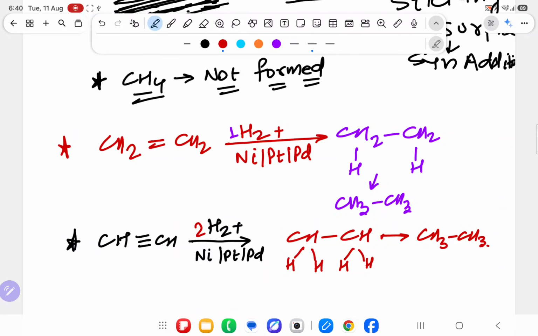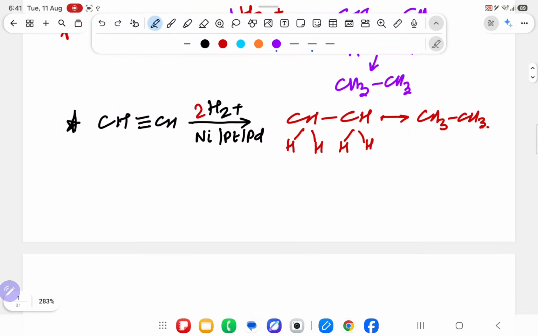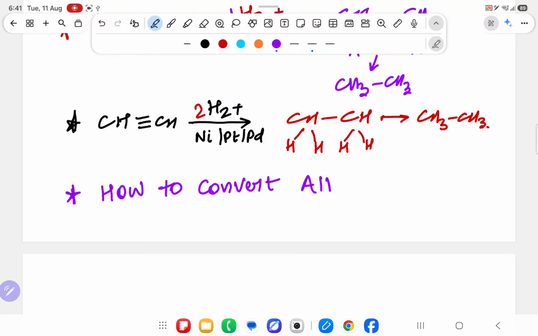But someone will say, sir, I want to convert alkene into alkane, this is okay, but I don't want to convert alkyne into alkane. I want to convert alkyne into alkene. What will I do? Means someone is asking me this question, sir, how to convert alkyne to just alkene.